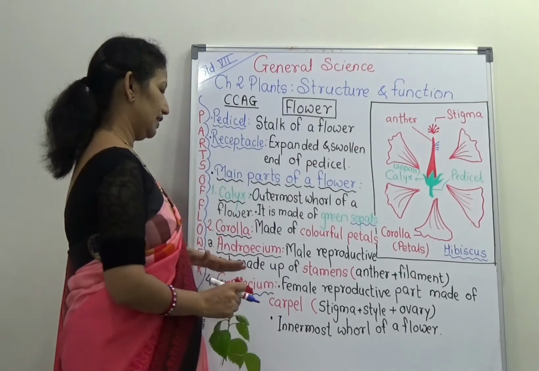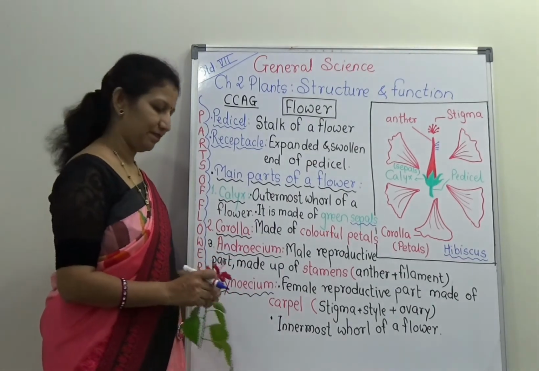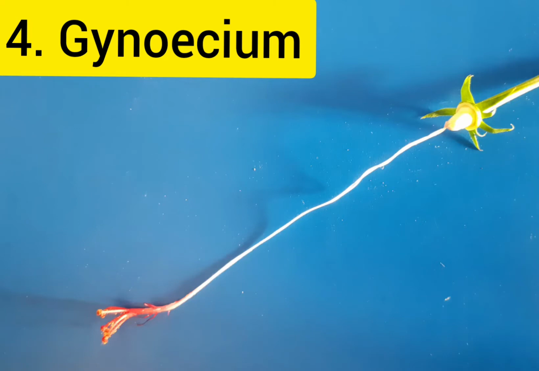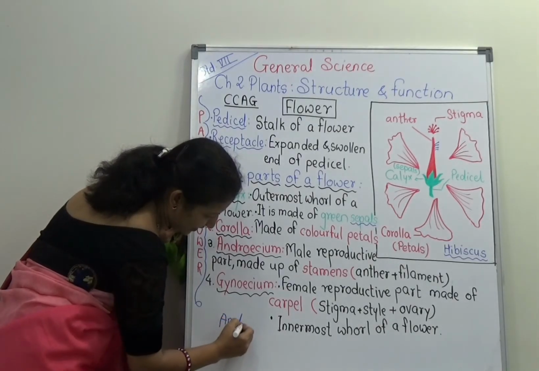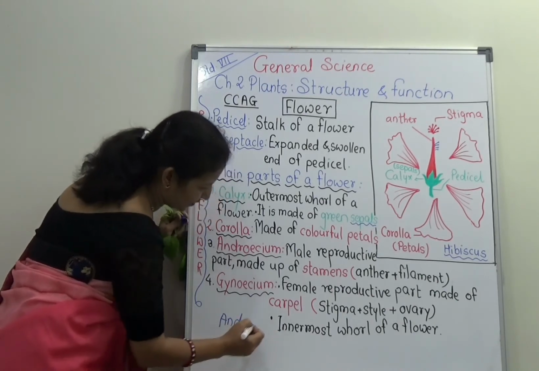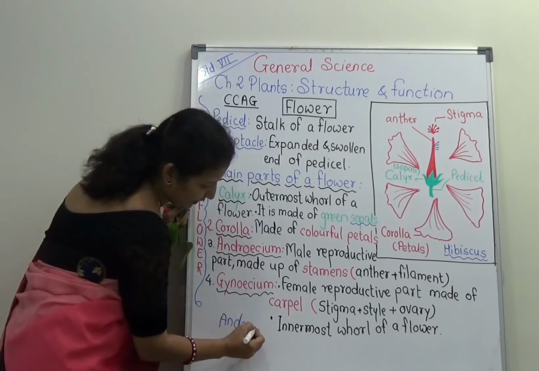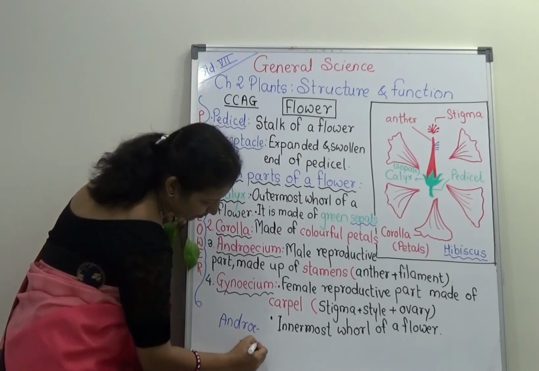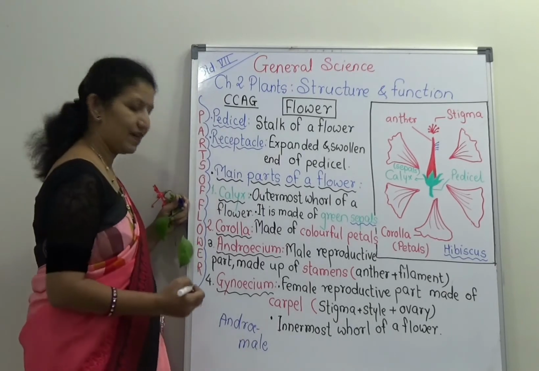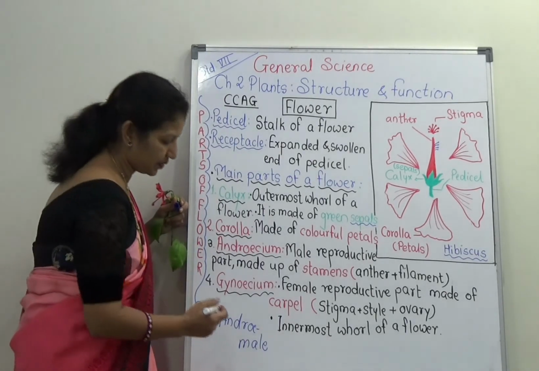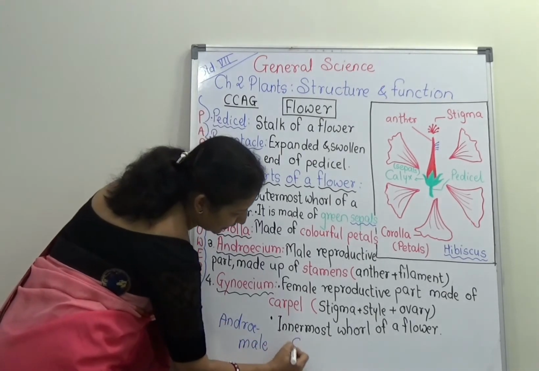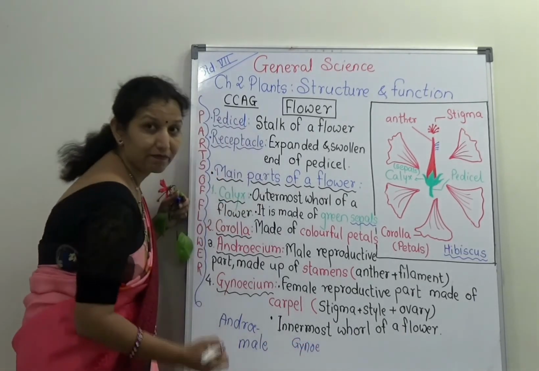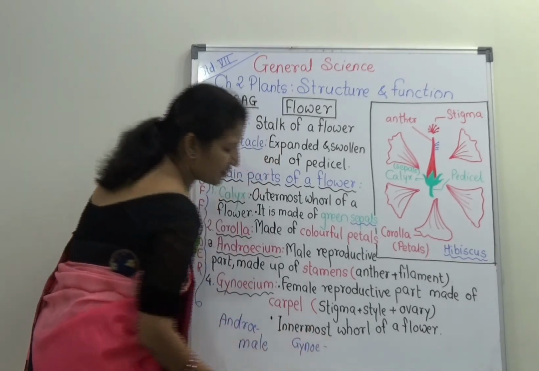Now the next part is gynoecium. See, I have told you the prefix in science. Now andro, it is the prefix, it stands for male. That's why androecium, it is male reproductive part. And gyno, we know gynecologist, they are female specialist.